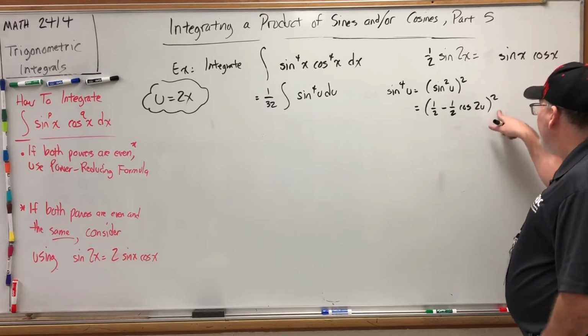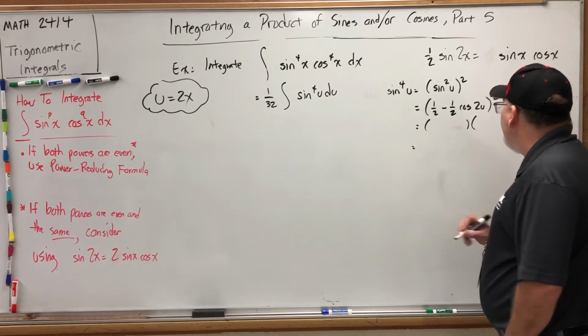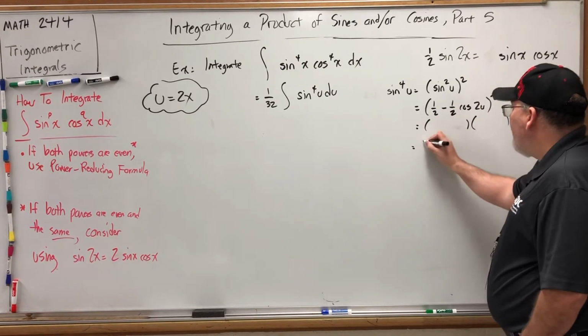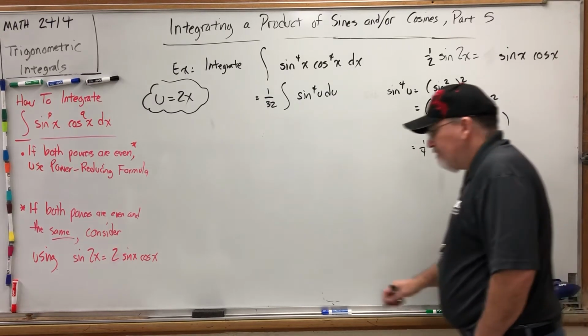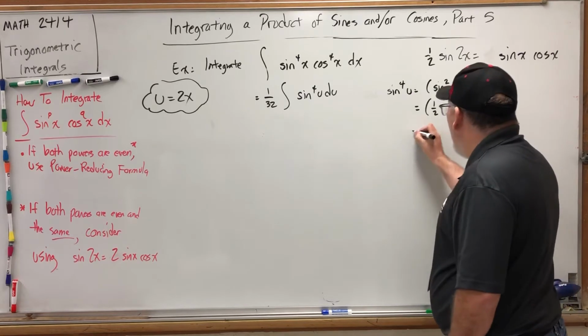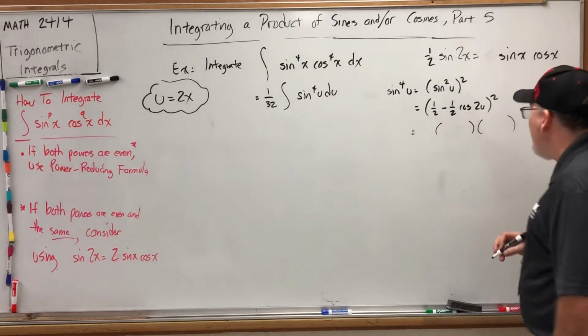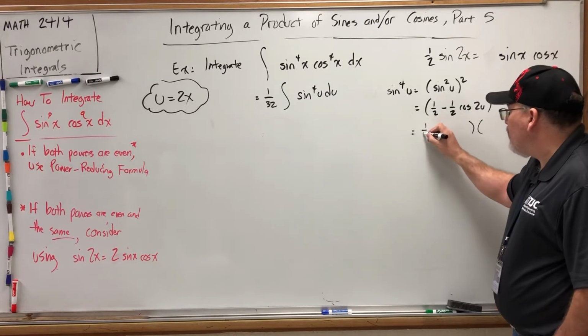And that parentheses is getting squared, so if we wrote it twice and then multiplied it out, we would get 1/4 minus, actually let's do this. Let's write it twice, but for each one let's factor out the 1/2. So we pull out a 1/2 from each one. 1/2 times 1/2 is 1/4.